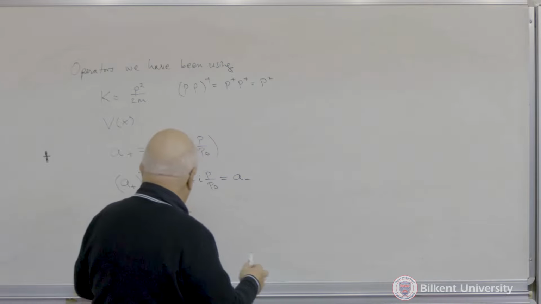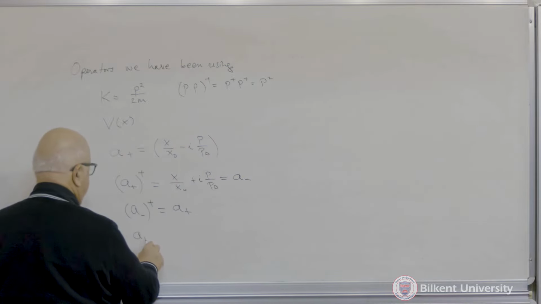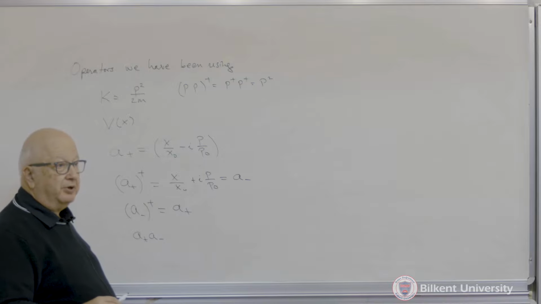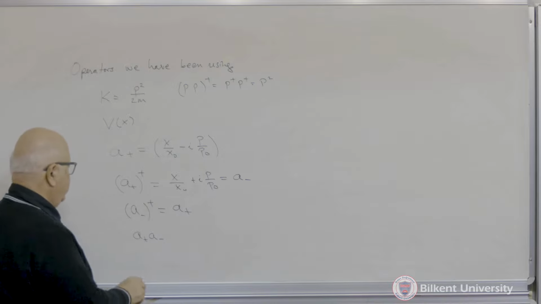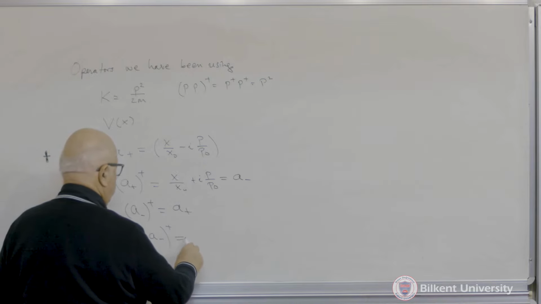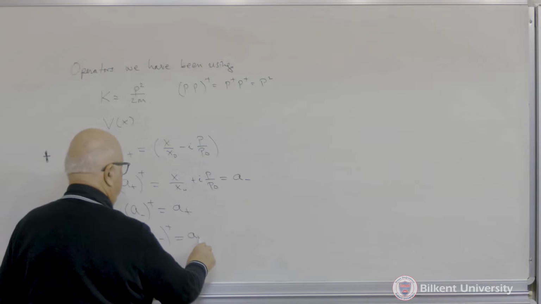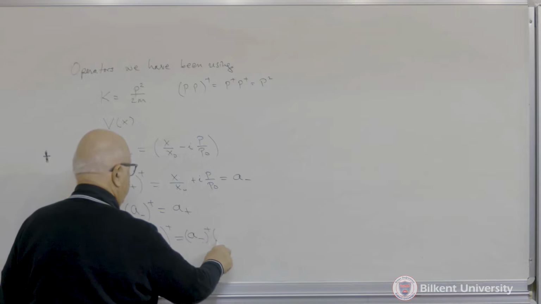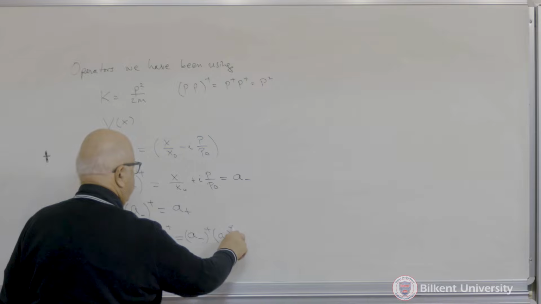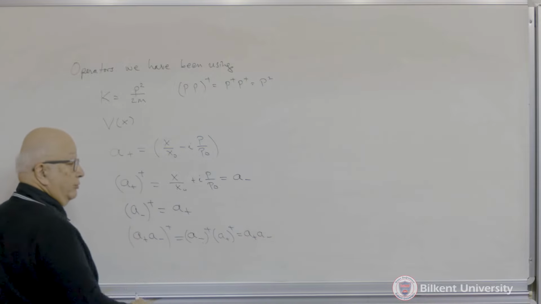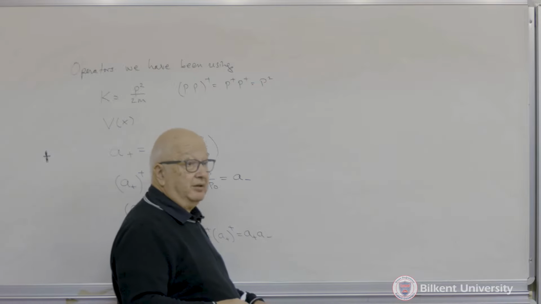But on the other hand, A plus A minus, you'll remember that's the number operator. Is that Hermitian? This is Hermitian because we changed the order. It's going to be A minus adjoint, A plus adjoint, so it goes back into itself. So this one, for example, has real eigenvalues again.